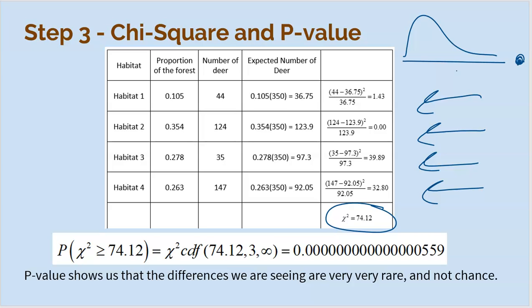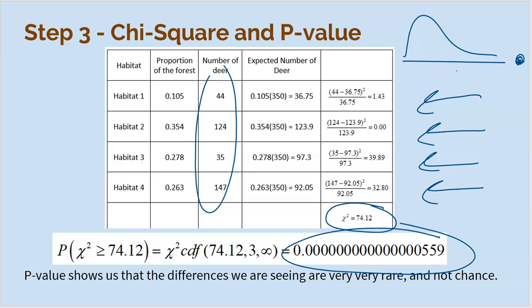Now what this tells us is that the observations that we saw in the forest are very, very, very rare if the null is true. So if the null was true, that the deer was proportional to the size of the habitat, we should not be seeing the numbers, right? These numbers should not be occurring because look at the probability of these numbers occurring, extremely unlikely.